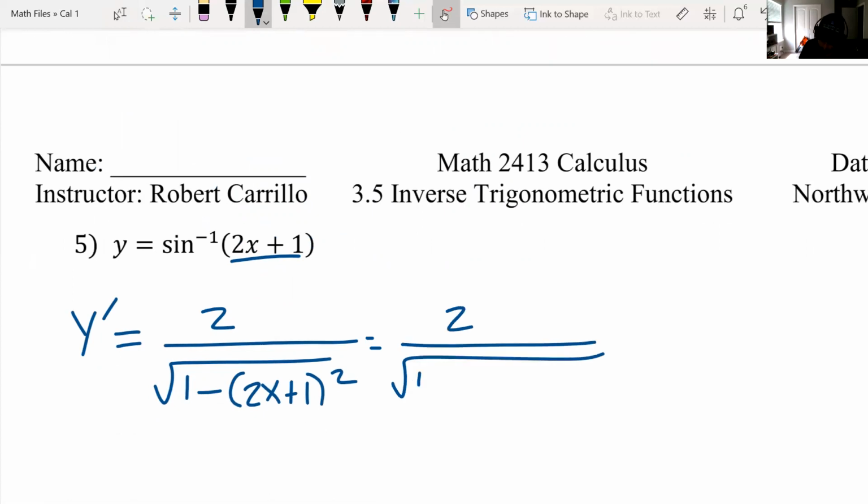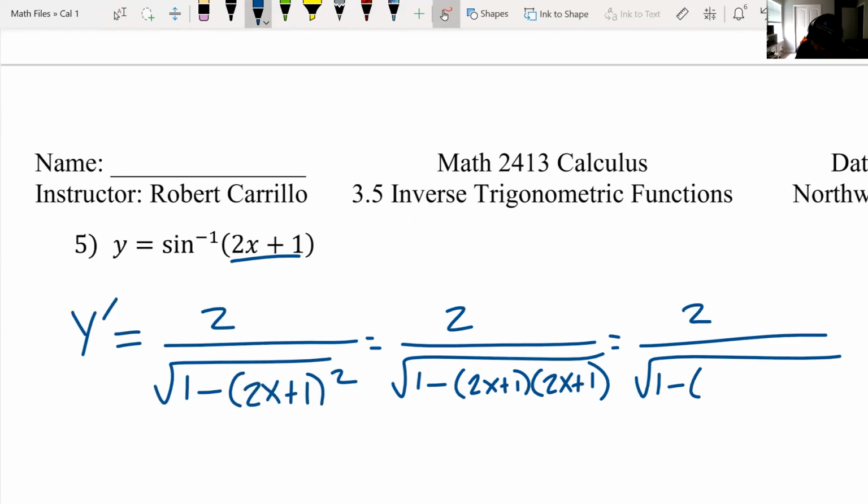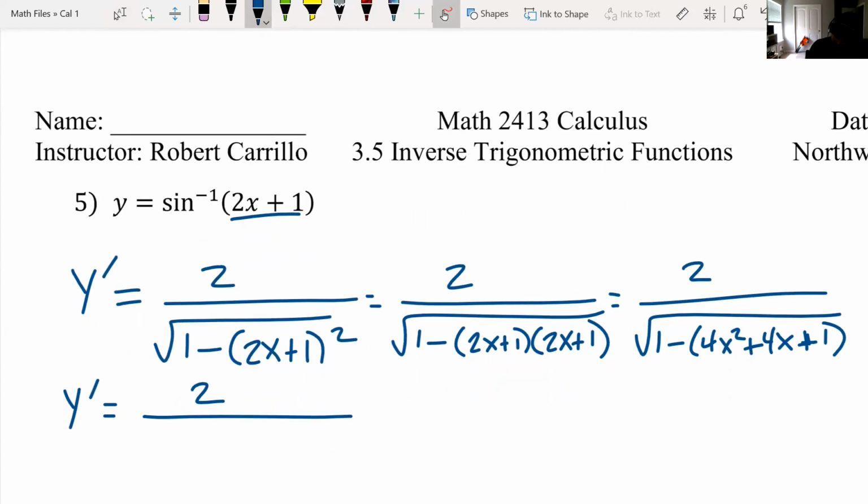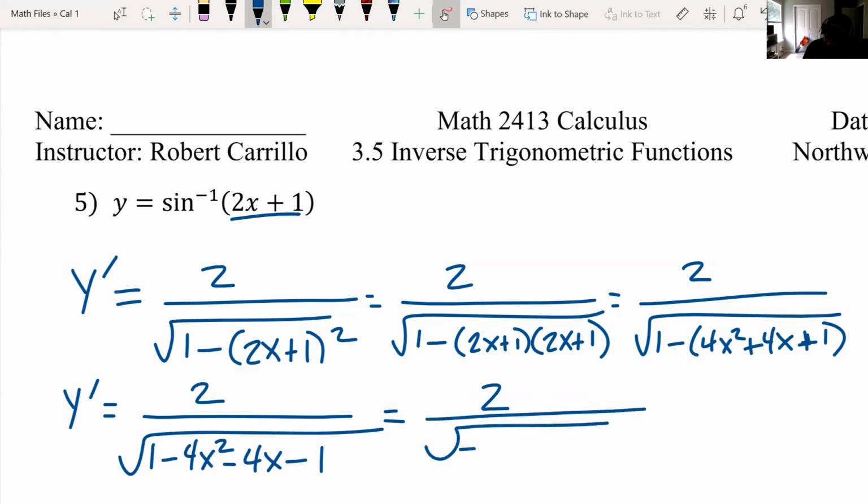So you get the square root of 1 minus (2x plus 1) times (2x plus 1), equal to 2 over the square root of 1 minus 4x squared plus 4x plus 1, equal to 2 over the square root of 1 minus 4x squared minus 4x minus 1, equal to 2 over the square root of negative 4x squared minus 4x.